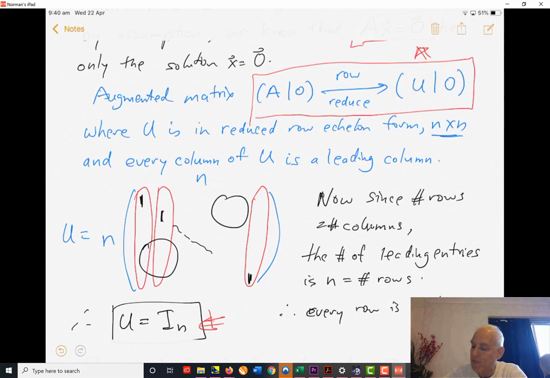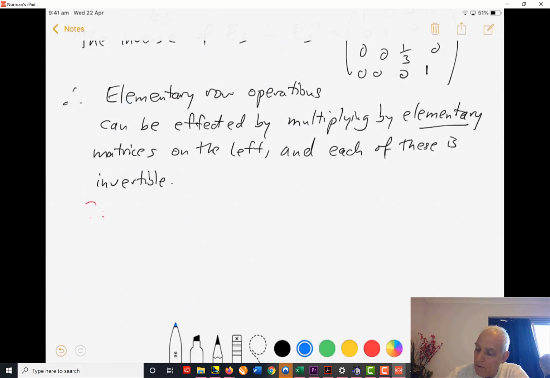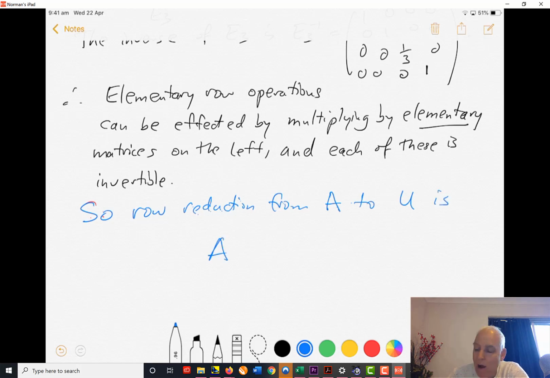So the consequence of that is that row reduction from A to U is, okay, we're starting with A, and then we're performing row operations, and they correspond to multiplying on the left by some elementary matrices, maybe E1, then followed by E2, then followed by E3, maybe all the way up to EK.